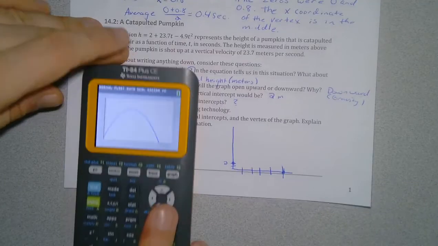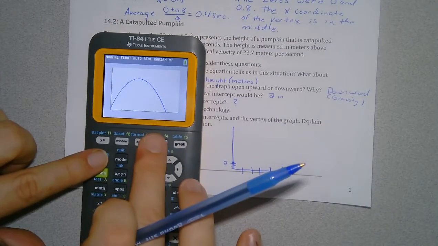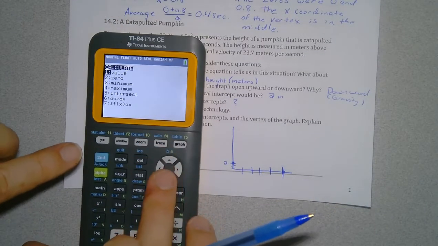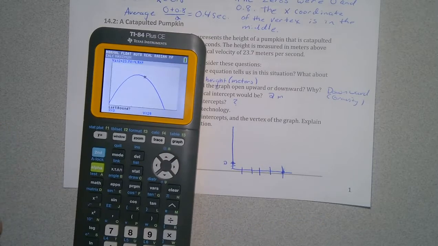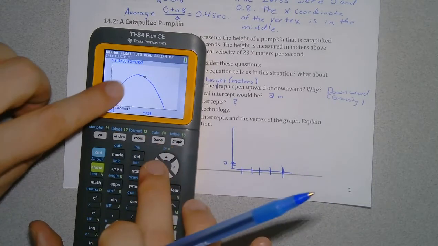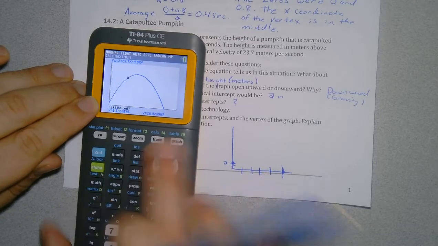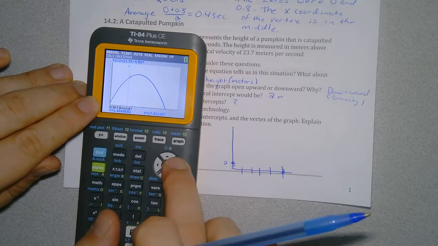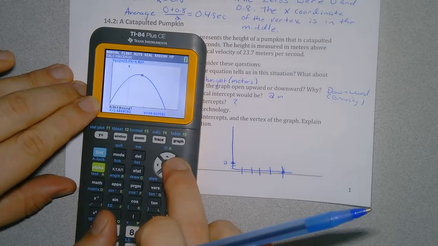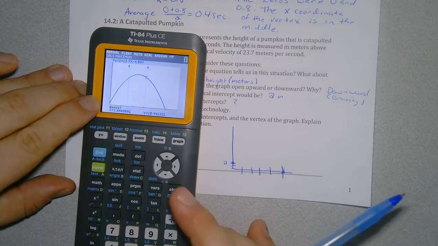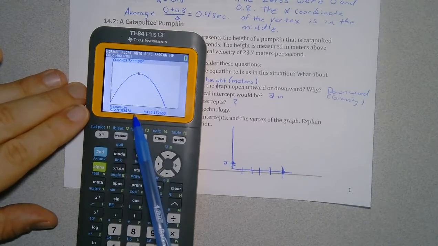And then we can find the vertex actually by pressing second calculate. And then if we go to the maximum, when it says left bound, we need to have the cursor to the left of the vertex. And then arrow over and have the other cursor to the right of the vertex.